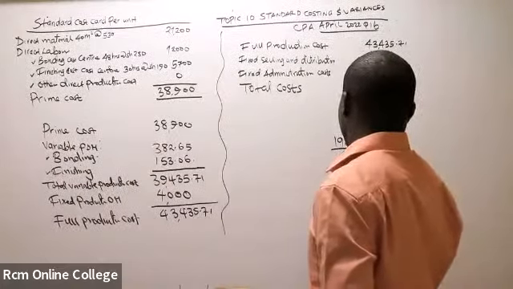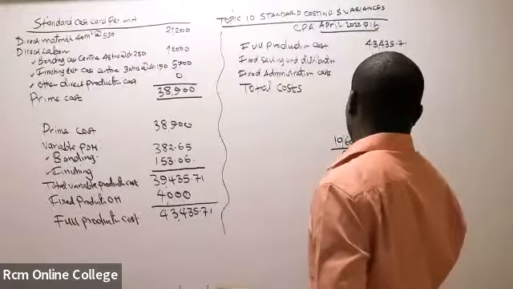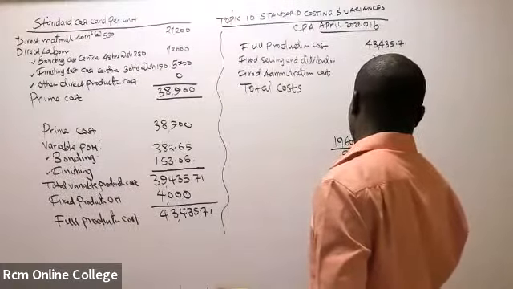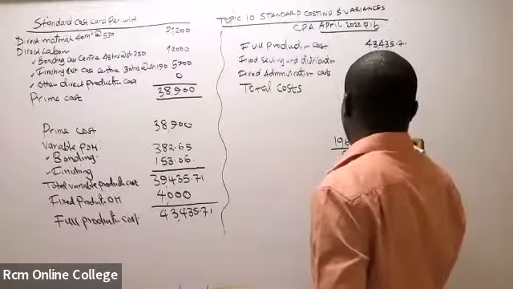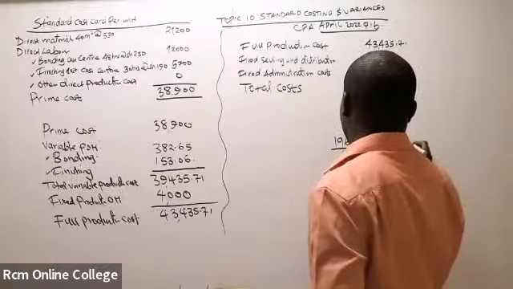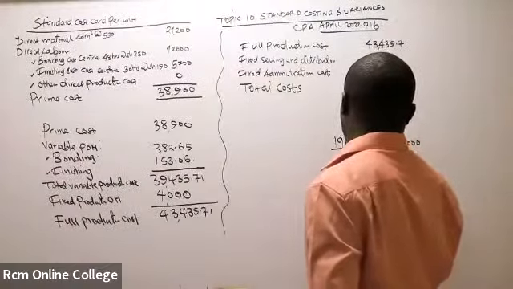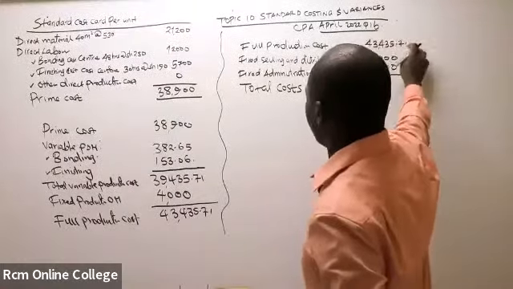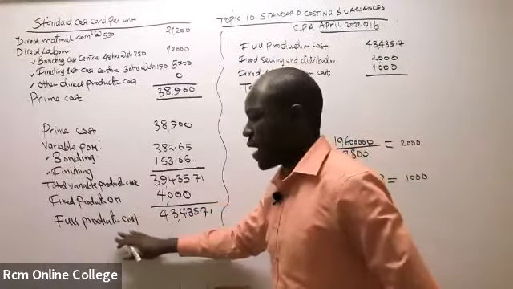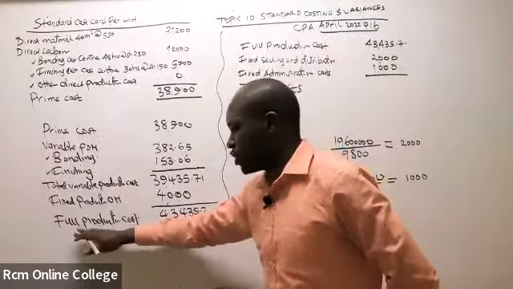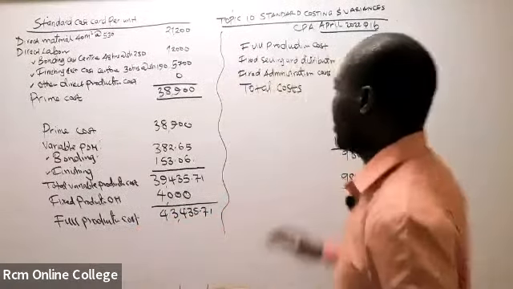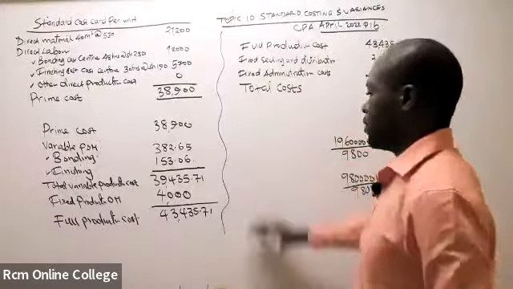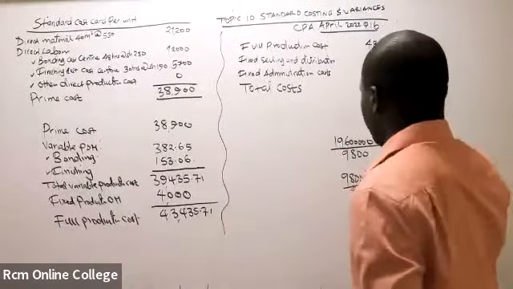Then 9,800,000. We divide by 9,800. Hapa nimeambiwa inaleta 2,000. Hapa nimeambiwa inaleta 1,000. That's what I've added. This 46,435.71 is the continuation of this part. I was not able to put all of them there because I want to extend some things down here. Good. Are we together?